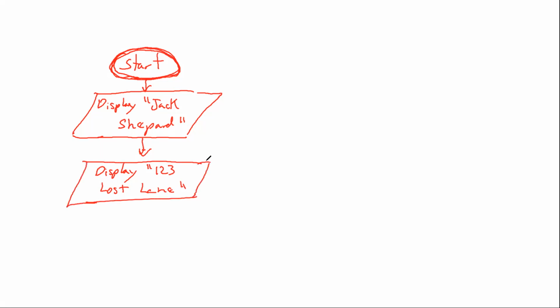If you're following along in the book, it's on page 77. The next one is to display the city and the zip code. So we do another one. See, this is very simple.